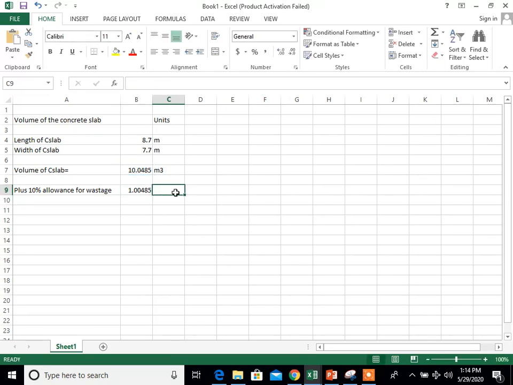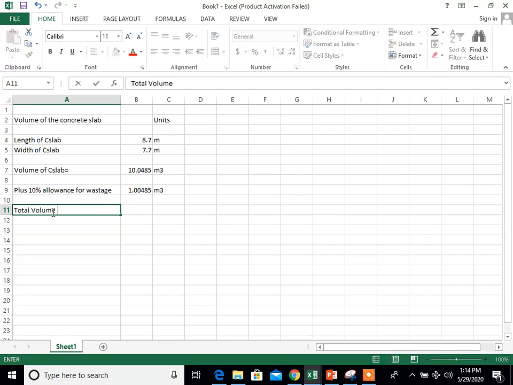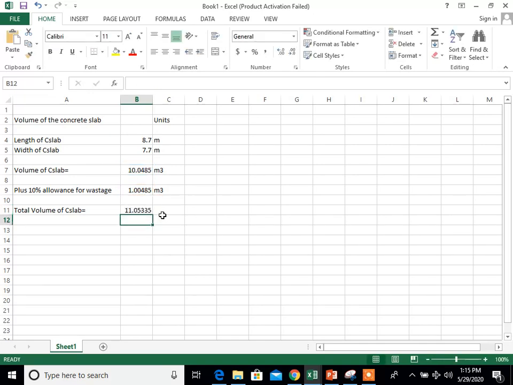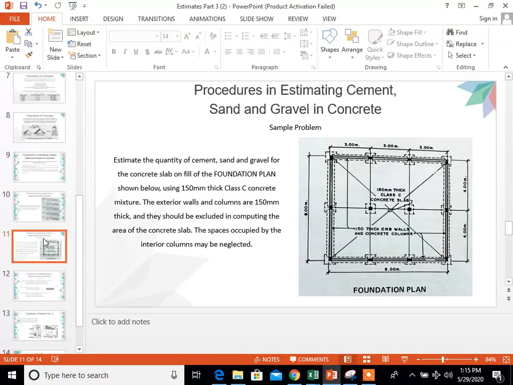So here is the allowance for wastage. The total volume of the concrete slab would be the sum of the volume of the concrete slab plus the allowance for wastage, equivalent to 11.05335 cubic meters.